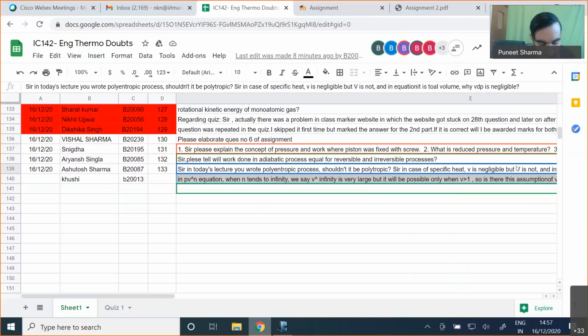Okay. Sir, I read on the internet that the rotational kinetic energy of a monatomic molecule is zero because it has a very small, insignificant moment of inertia. Yes, yes. So, sir, the answer should be none of these. Yes, that is what I told, that we do not have any correct answer over here.